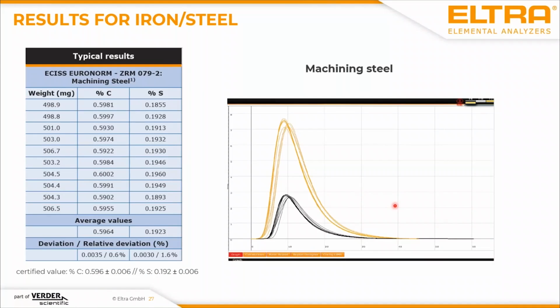Also for steel and iron, we have such repeatable results. If you go for machining steel, which has typically a medium-high carbon content of roughly 0.6%, we get a very good deviation here, and also the high sulfur content of 0.2% is found very reproducibly with a deviation of only 35 ppm or 30 ppm.